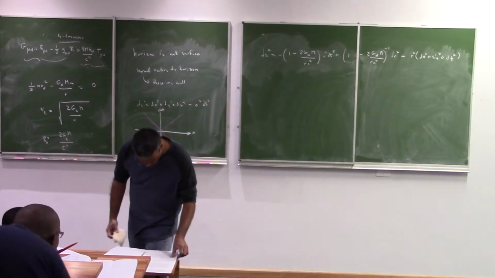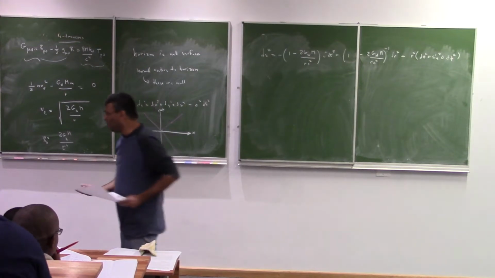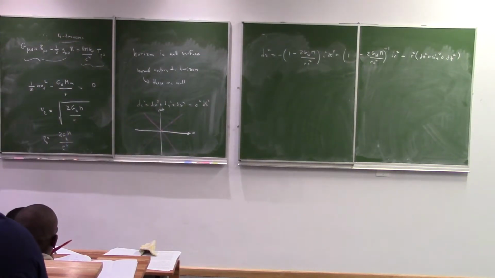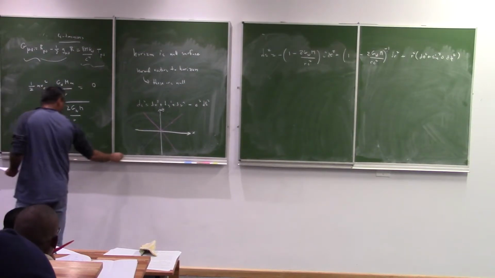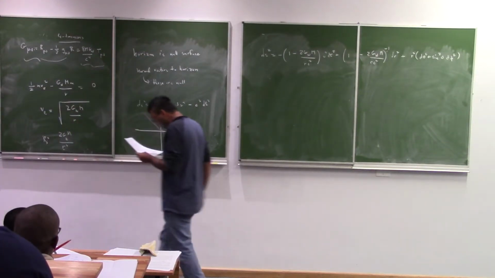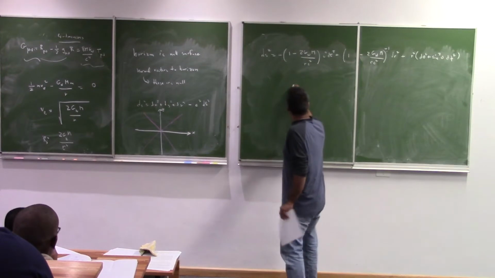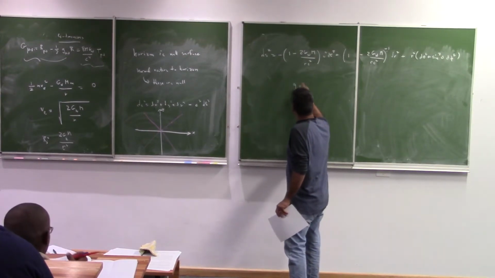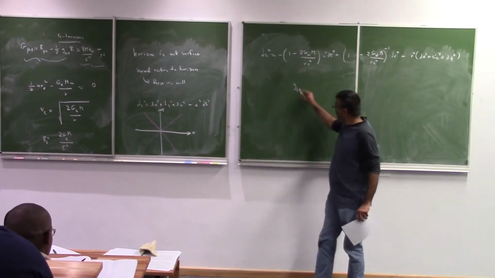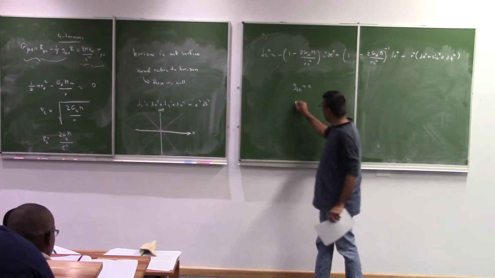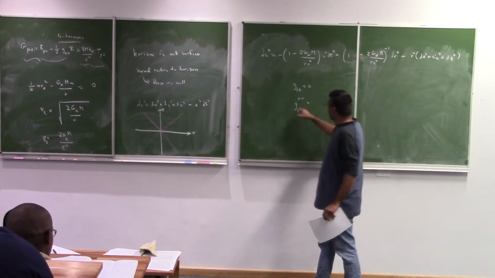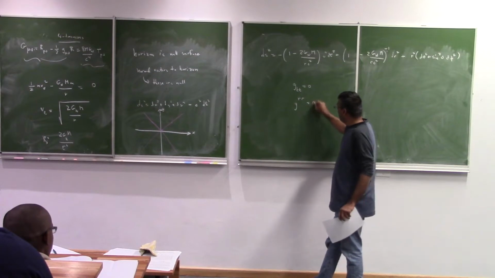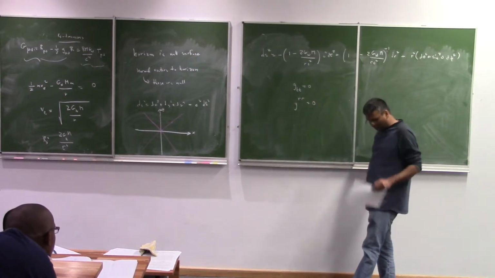So suppose I just give you a metric. How do you know where the horizon sits? I want to distinguish between two ideas. One is when g_tt, the time component of the metric, vanishes, and the other is when g^rr, the inverse rr component of the metric, vanishes.